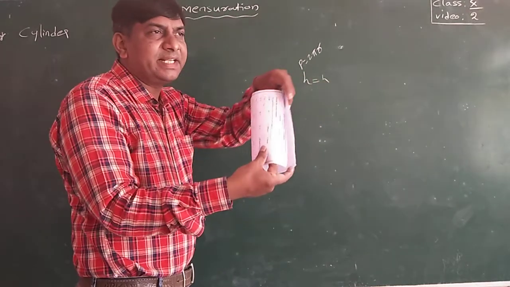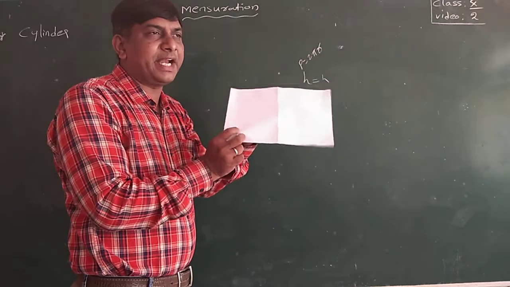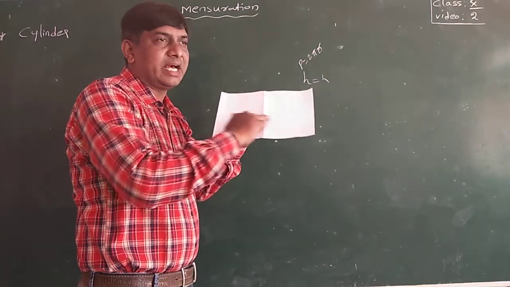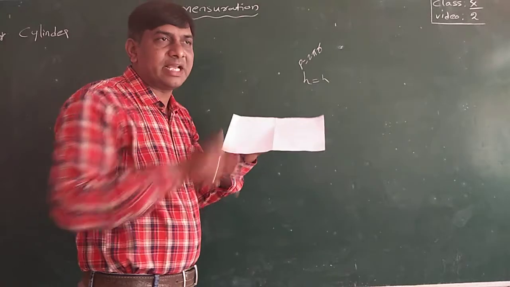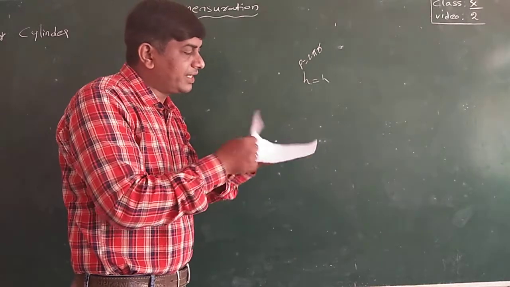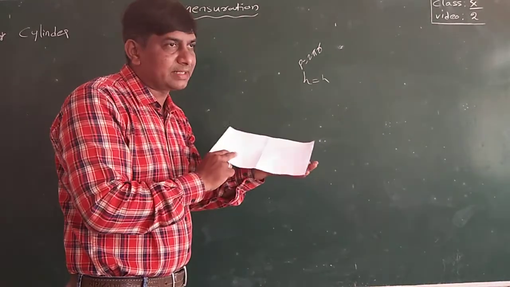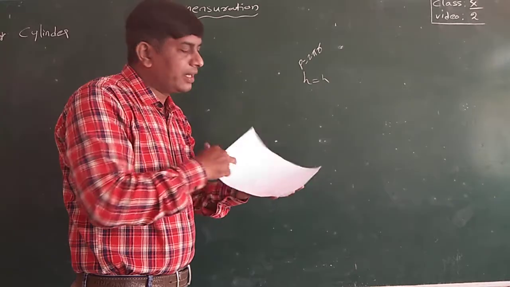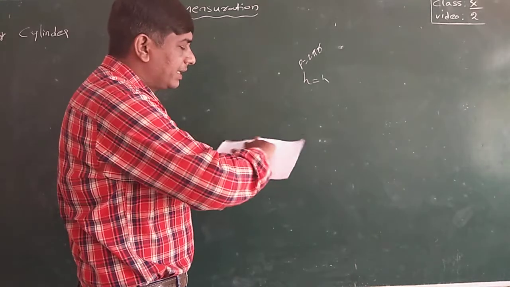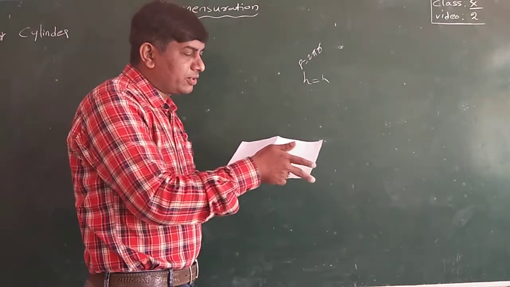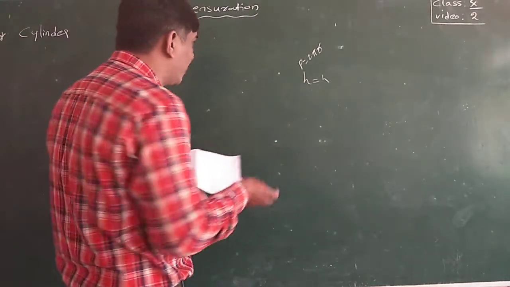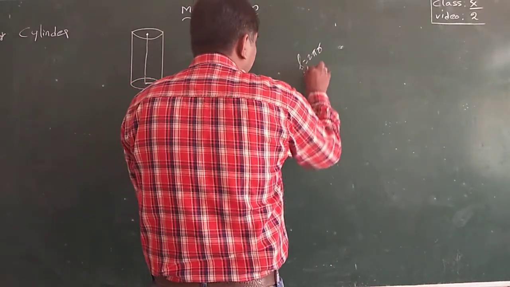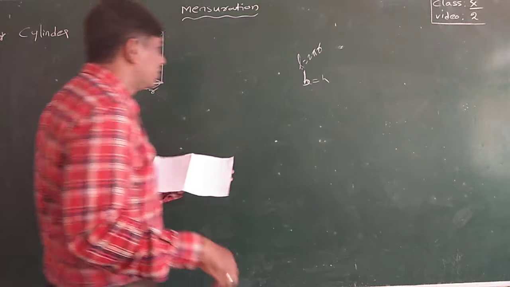When I open this cylinder, I obtained a rectangle. Length into breadth is the area of the rectangle. Length means this circumference, and this height is the breadth. So L means 2 pi r here, and B means h.